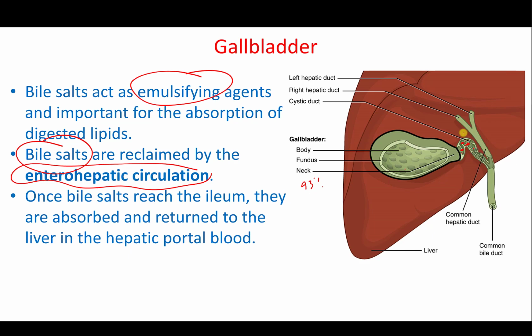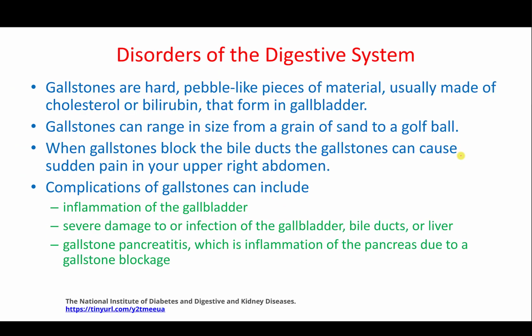Usually they will try to destroy them, but usually they will go ahead and take the gallbladder out. So they will do a surgery to cut the gallbladder out, because there will be inflammation there. In this case, the patient will live without a gallbladder, and they have to be careful with their diet because they cannot eat or digest plenty of fat.